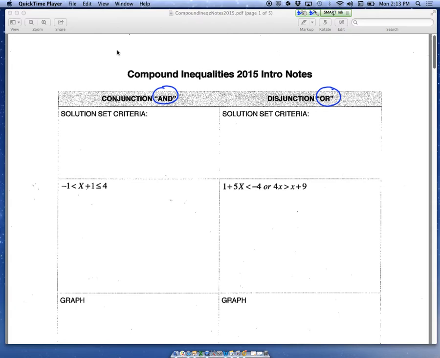So in a conjunction, associated with "and", both conditions must be true, and you can express this as one inequality.